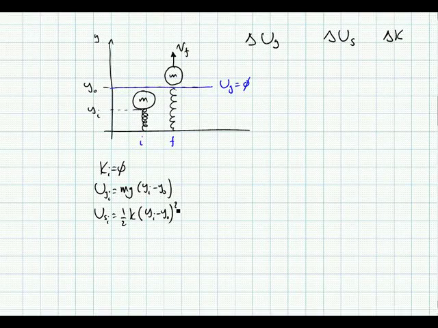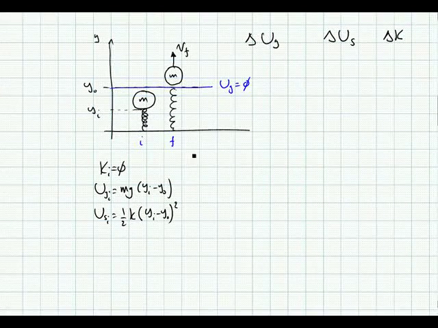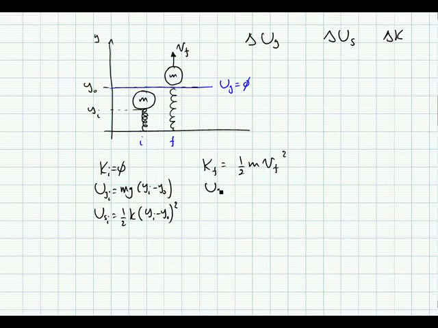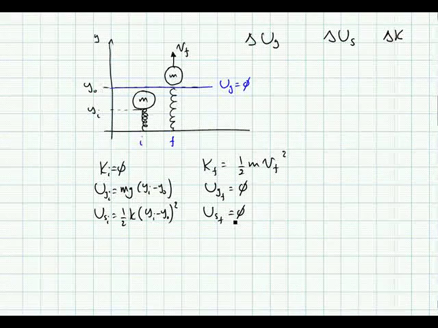Okay, so these are our initial values, and our final values. K final is 1/2 of mass times velocity final squared. ug final is 0 and us final is 0.